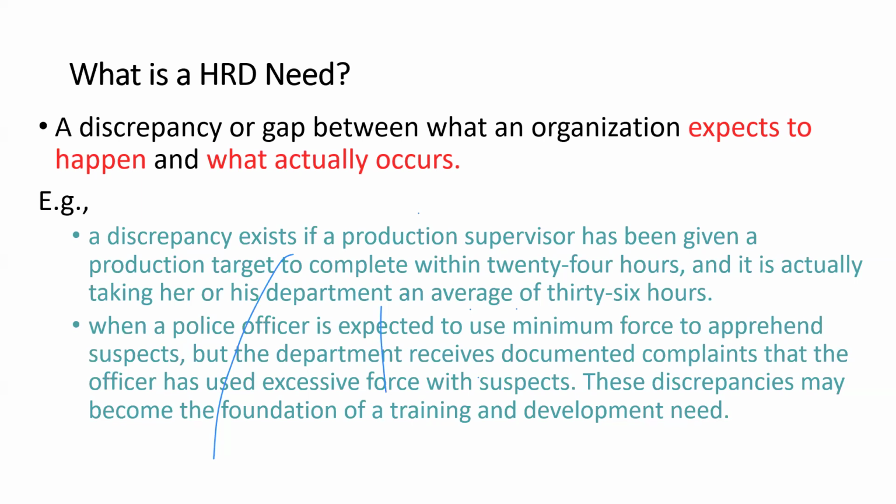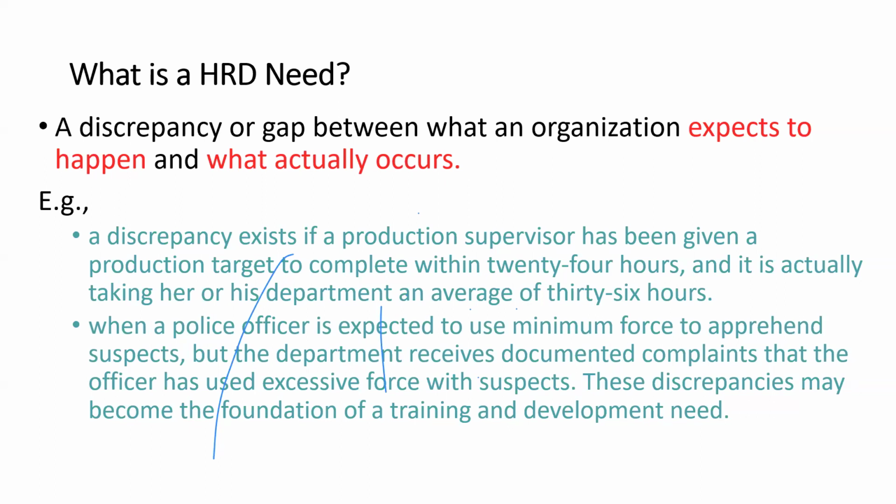And he is taking 36 hours. Expectation is 24 hours and currently he is taking 36 hours, right? So in that case, the additional 12 hours are taken. That is totally a waste. That is beyond the expectation, right? That is out of the expectation.